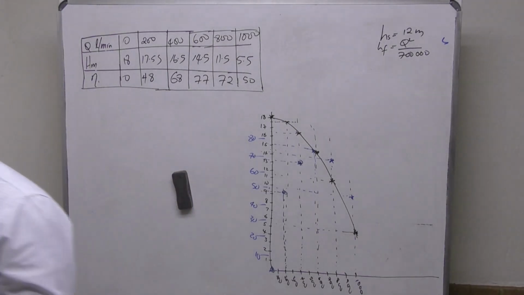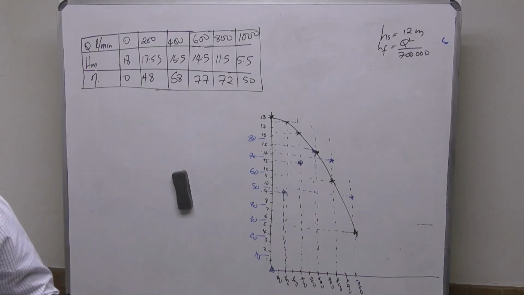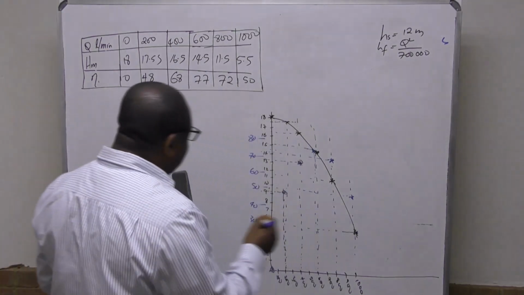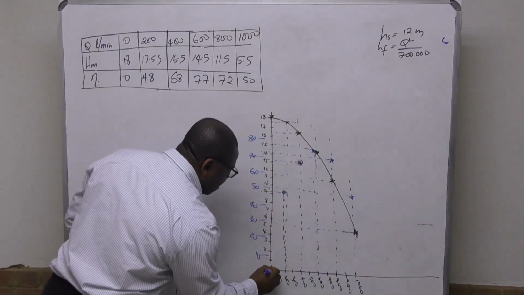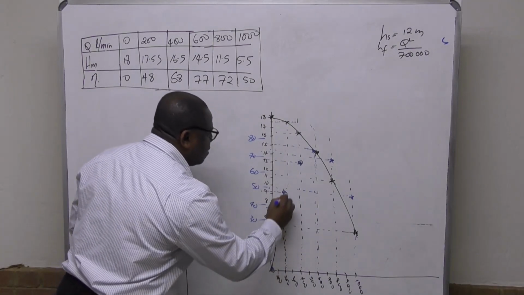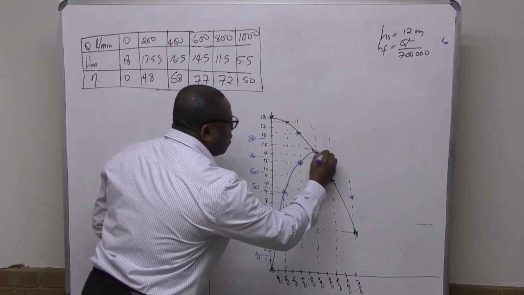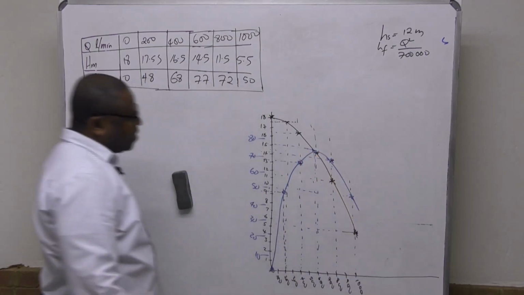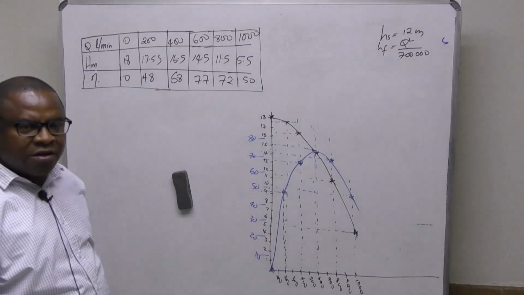What can I use now? Just checking, a nice curve. Okay, let me just make a curve. Let me just use my hand. That is a curve that we curve like that, and go through here. Okay, that's the efficiency curve.